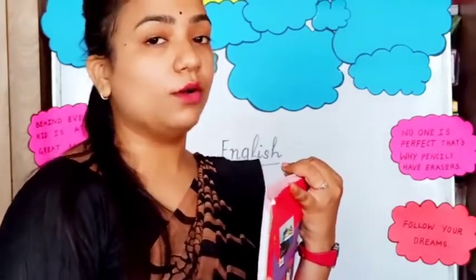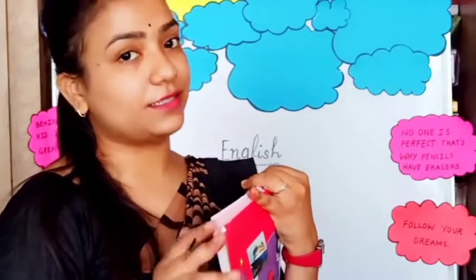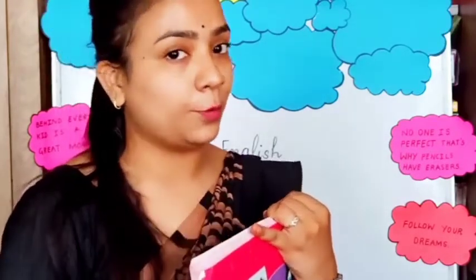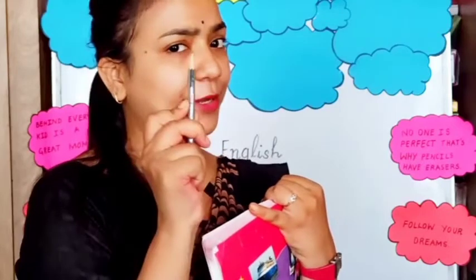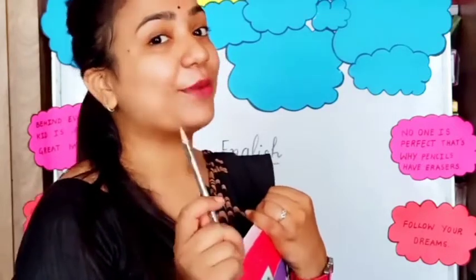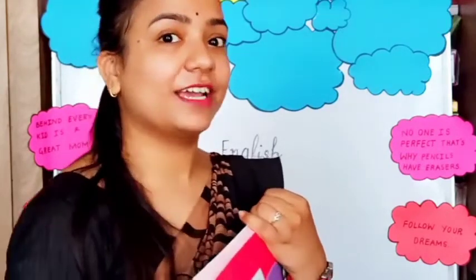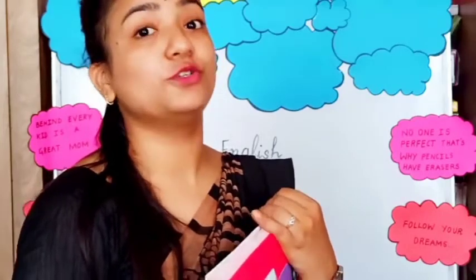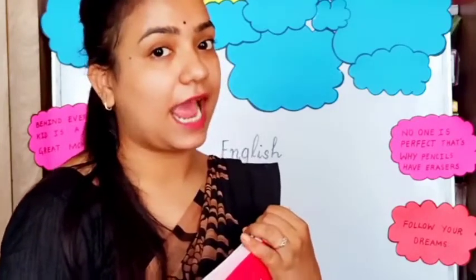Now open your copy, collect your stationeries, settle down properly and sharpen your pencil. Let's see how to make letters C, D and E.